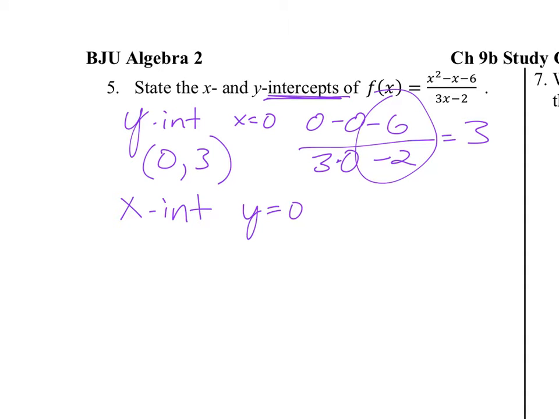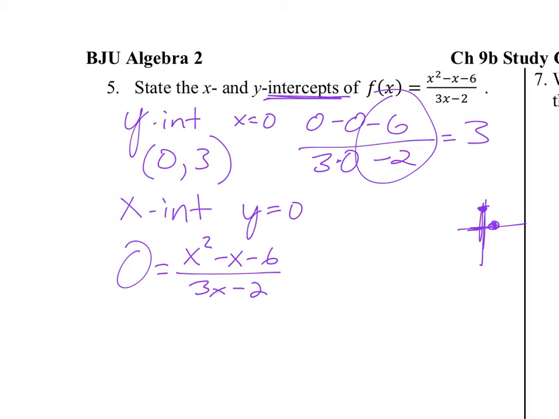Okay. If you remember, the reason for all of this is when I cross the x-axis, y is 0, right? When I cross the y-axis, x is 0. So y is 0, which means that x squared minus x minus 6 over 3x minus 2 must equal 0.